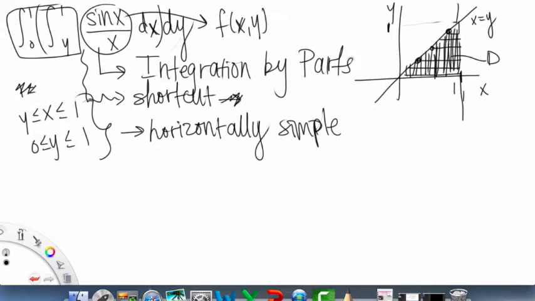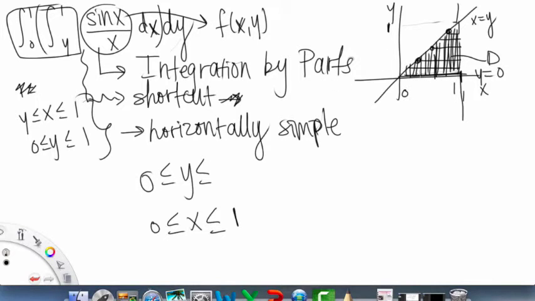If we do that, we have to get y in between two functions of x, and x in between two constants, or two numbers. Automatically we see that x stays in between 0 and 1, so that's good. And y stays in between the line down here, which is y equals 0, the x-axis, so that's its lower bound.